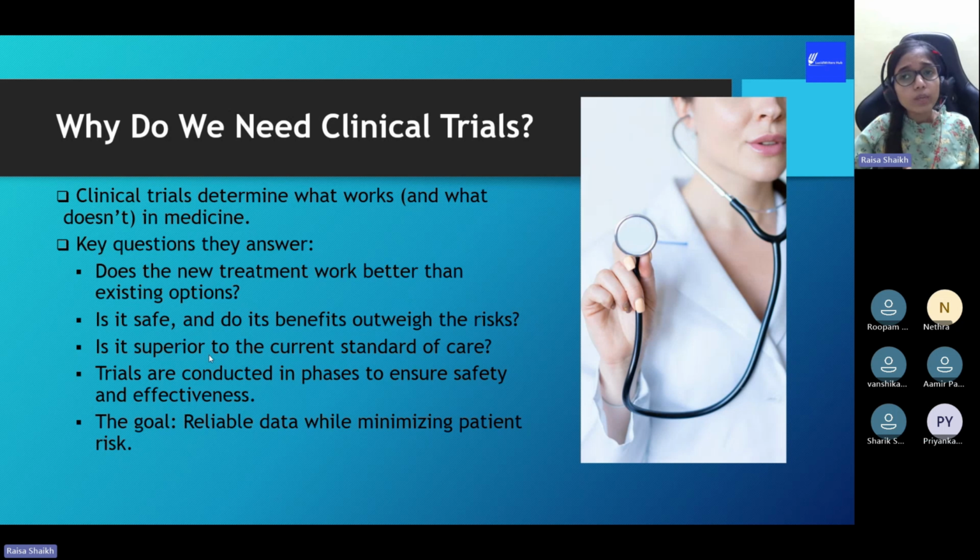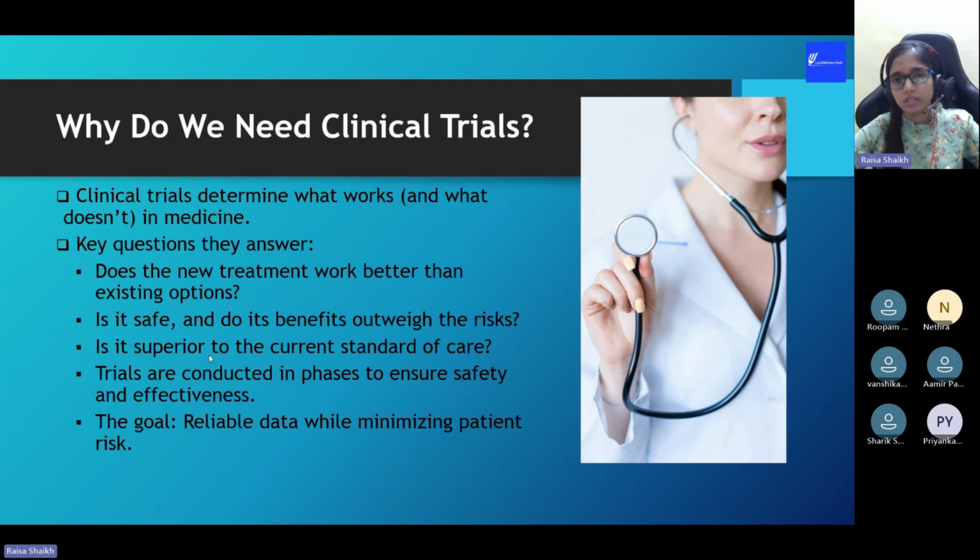So when we conduct a research in human participants, the main thing is not just it working in a particular therapeutic area or particular disease. Like for example, I will give a very simple example: diabetes. Okay. So for diabetes there are so many medications and still new clinical trials keep on happening.